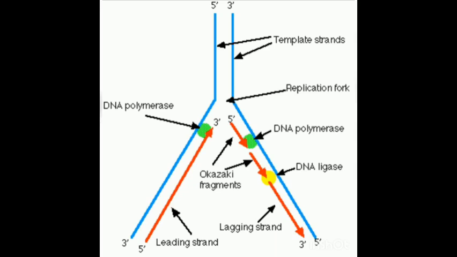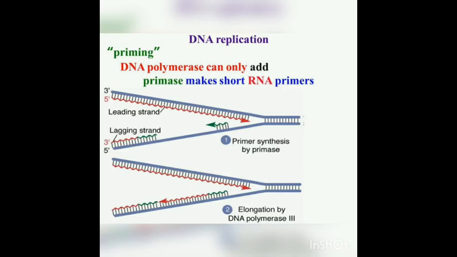As they move away in both directions, newly synthesized complementary nucleotides are paired with the existing nucleotides on the parent strand and covalently bonded together by DNA polymerase.